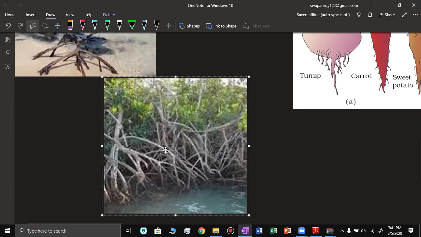These are actually root branches, not stem branches, and they give additional mechanical support. Otherwise, like normal trees with a single slender trunk, they cannot stand erect. So this is known as stilt root.